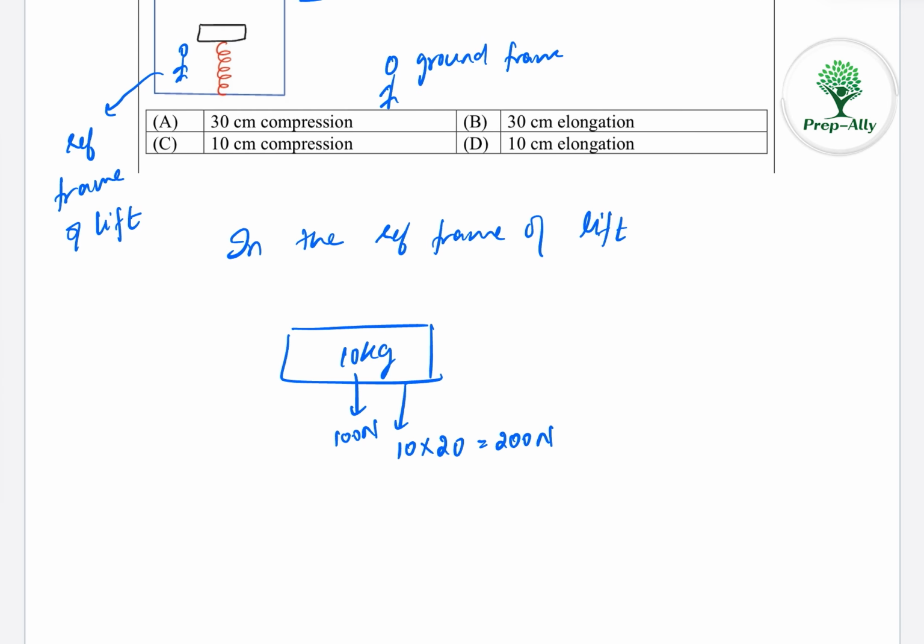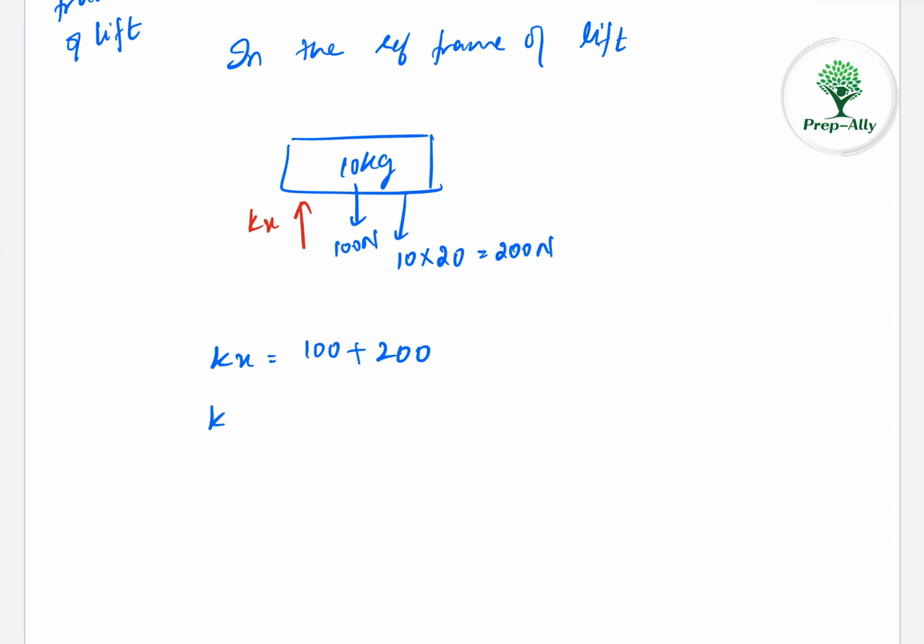Now when the spring gets compressed, it will exert an upward spring force. But you see, this 10 kg block is now at rest inside the lift, which means the net upward force is equal to the net downward force. So K value, 1000 x, is equal to 300. So we are getting x is equal to 3 by 10, which is 0.3 meter or 30 centimeter.